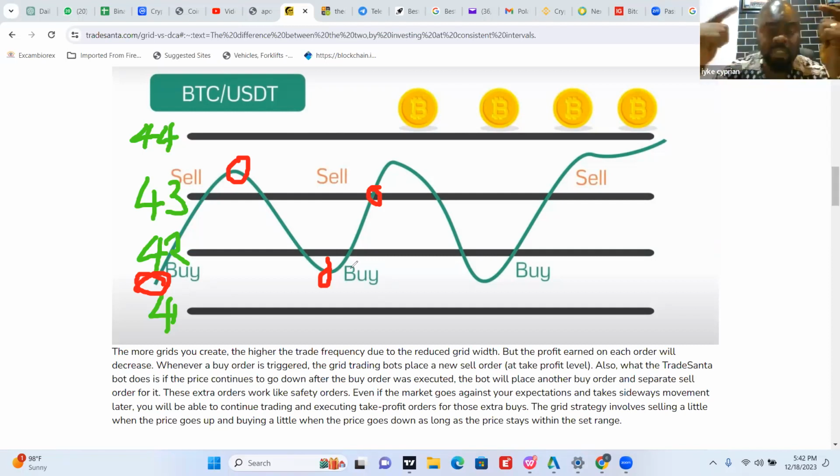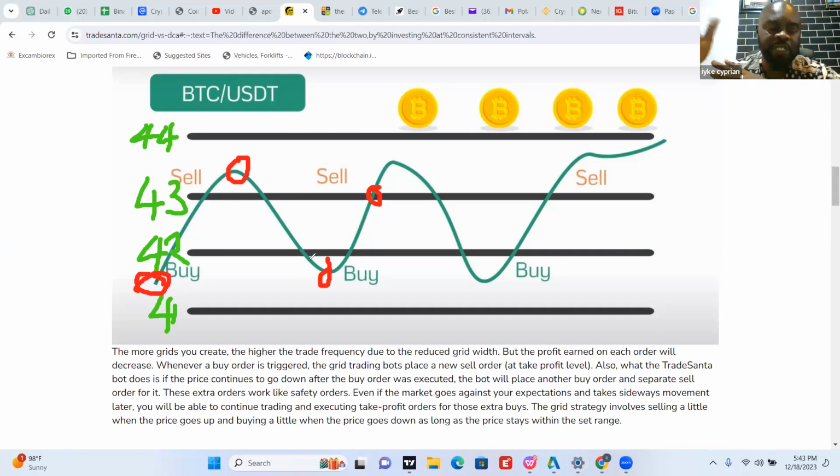I hope I'm communicating, all right? Say you bought at $41,000, you're going to have a take profit for $41,000. If it buys again at $42,000, it's going to have a take profit for $42,000. So your robot will sell for each grid. So for each grid, there is a particular take profit.